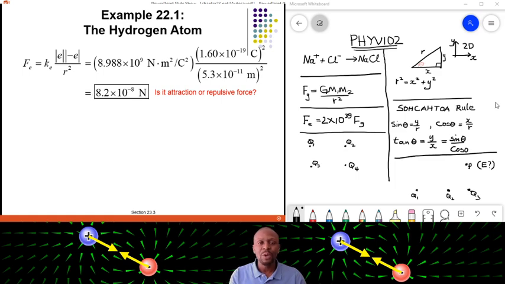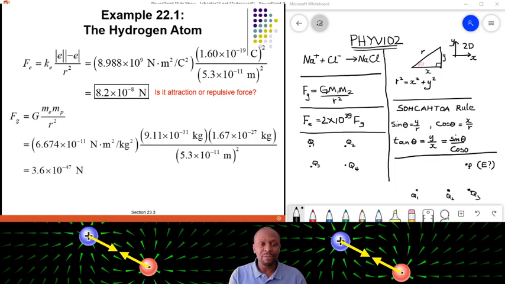Now, let us also calculate the gravitational force. We know from your first semester that G is a constant given by this value. We know the mass of the electron and the mass of the proton from the previous table. You can plug in the values, and the answer would be 3.6 times 10 to the power minus 47 newtons.